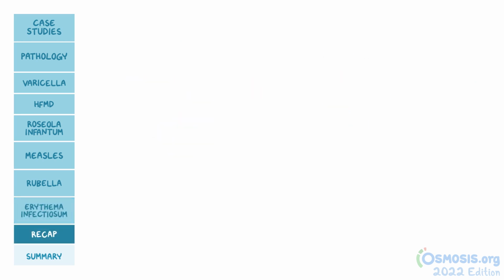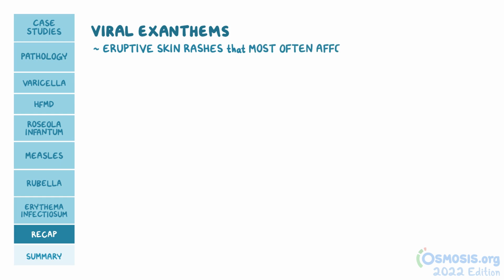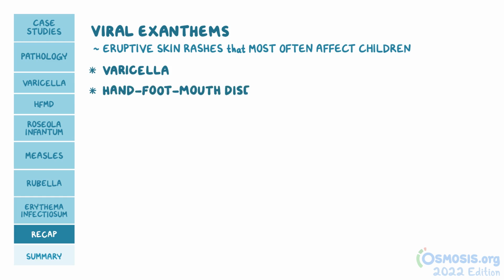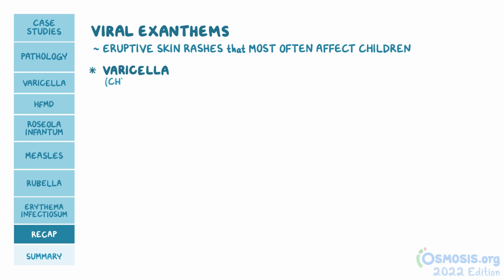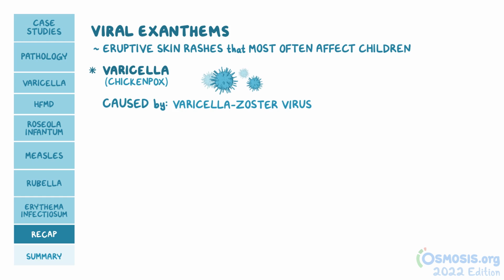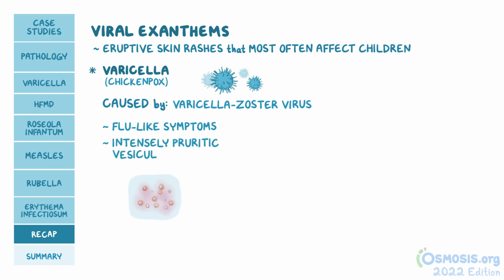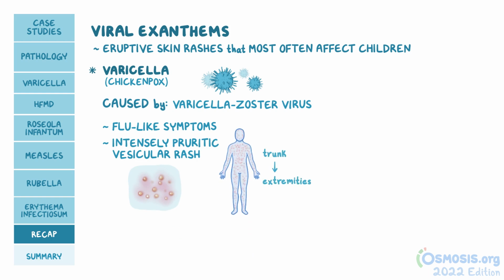All right, as a quick recap, viral exanthems are eruptive skin rashes that most often affect children and include varicella, hand-foot-mouth disease, roseola infantum, measles, rubella, and erythema infectiosum. Varicella, or chickenpox, is caused by the varicella zoster virus and initially causes flu-like symptoms, followed by an intensely pruritic vesicular rash that starts on the trunk and then spreads to the extremities and the face.